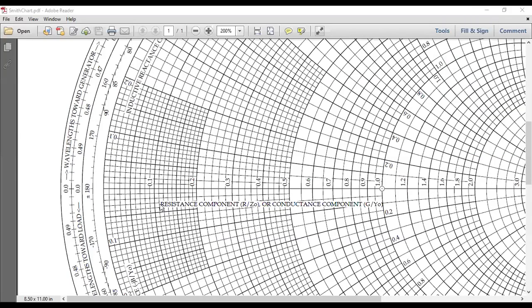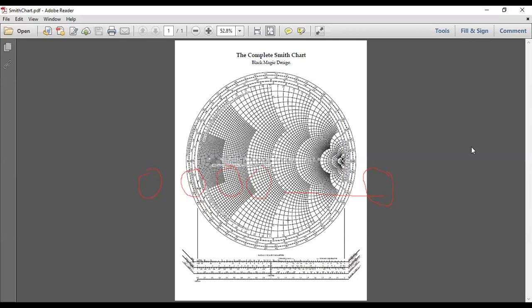Okay, so on this horizontal line you are able to see 0.1, 0.2, 0.3, 0.4, and it goes on, and here it is 1. So 1 is the center of the Smith chart.